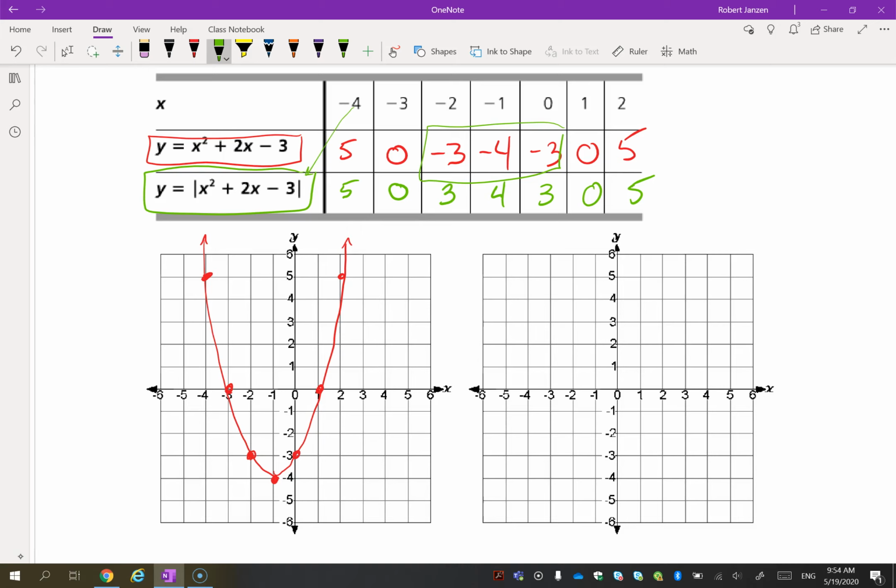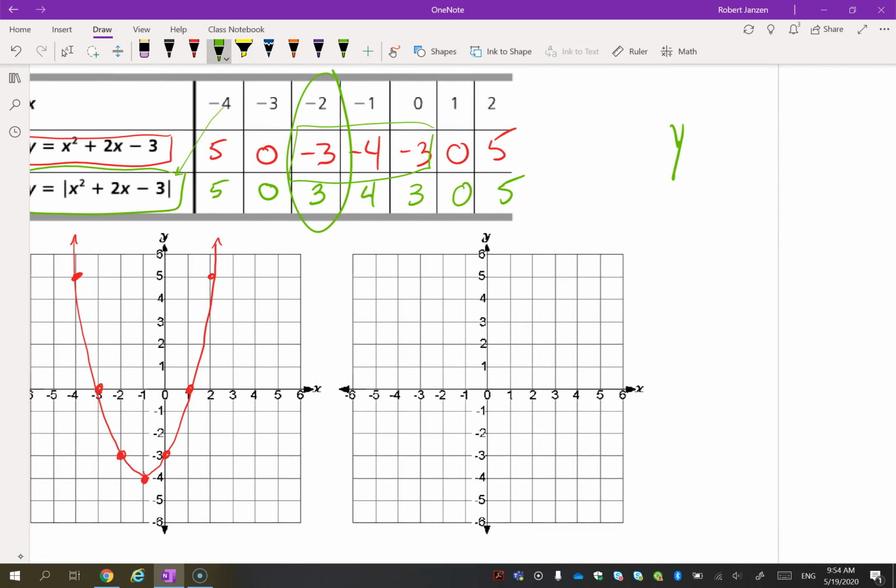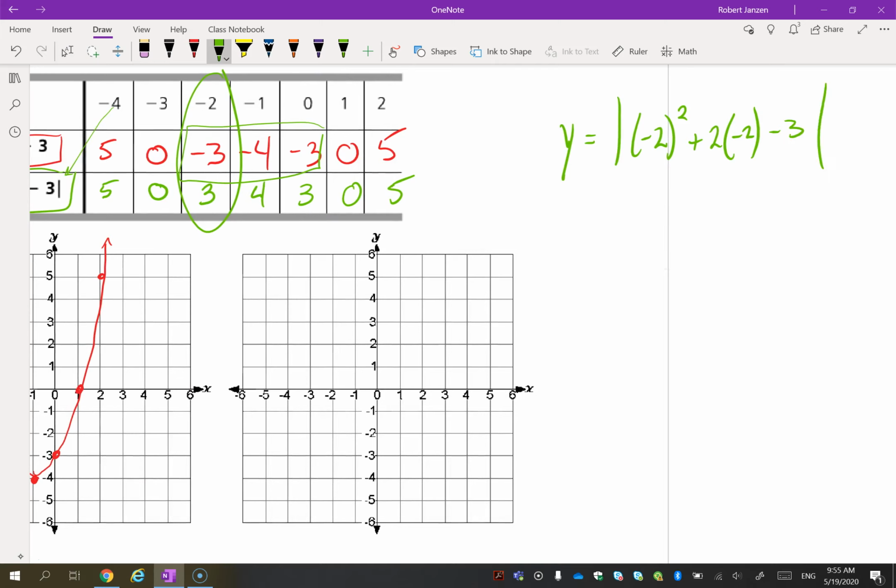Let's just do one of those for example. Let's take negative 2. So you would have y equals the absolute value of negative 2 squared plus 2 times negative 2 minus 3. And that's all in the absolute value. Okay? So you're going to get 4, take away 4, take away 3. And so you would have the absolute value of negative 3. What is the absolute value of negative 3? It's positive 3.